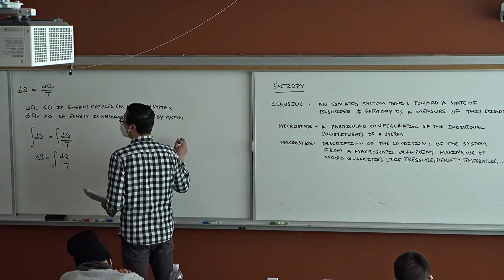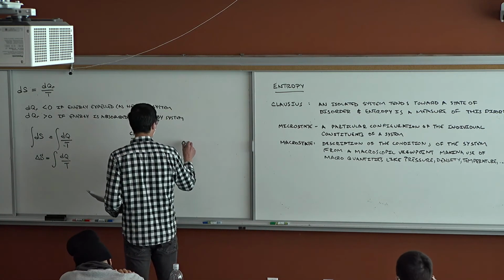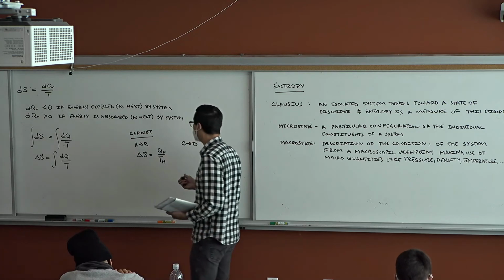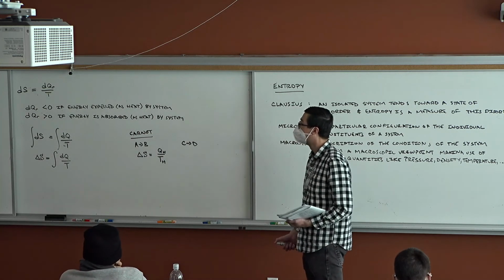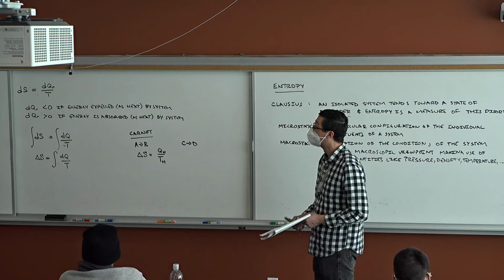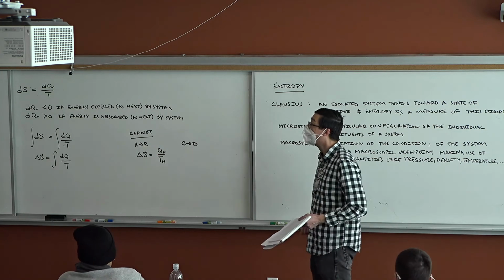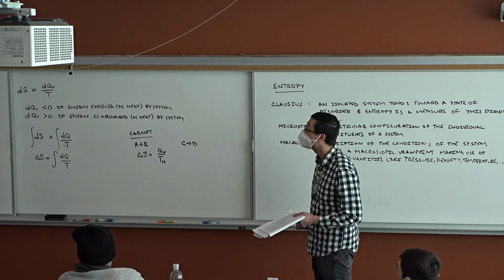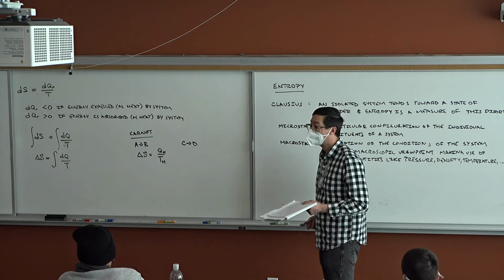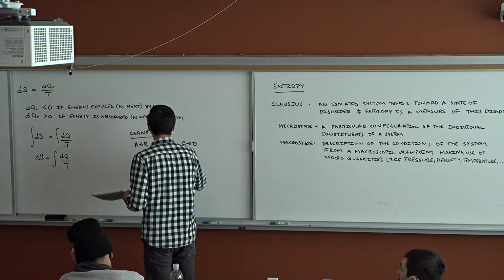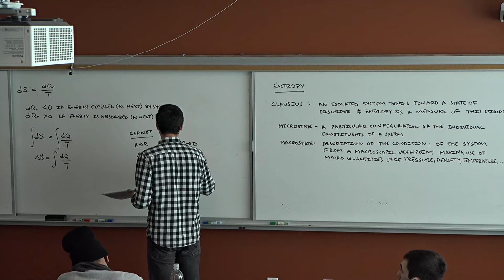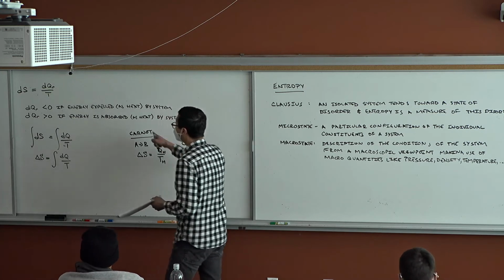What about from C to D? I already conceded that B to C and D to A are 0. QC over TC, plus or minus, looking at our definitions.